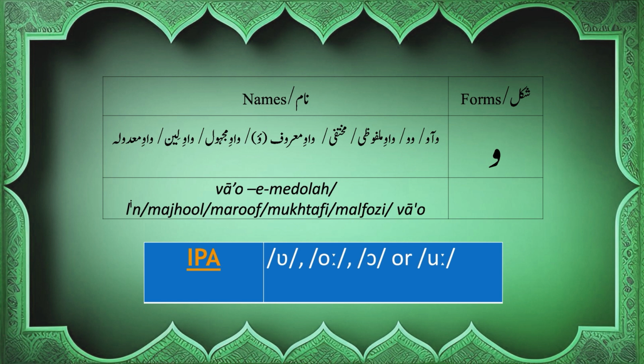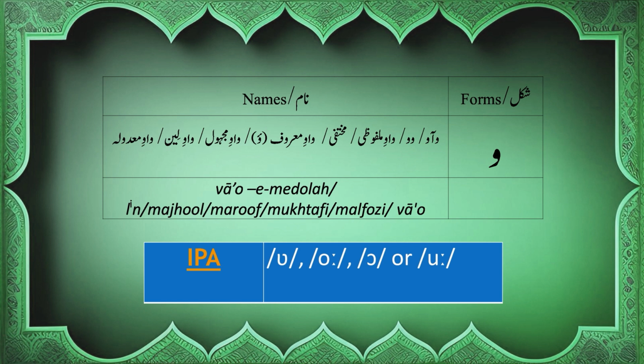And the second category is non-connectors. When they connect with each other, they do not change their shapes. Vav falls in the second category. That means it is a non-connector. For this reason, you are observing only one type of vav here in the forms column. In the forms, you see only one form of vav.